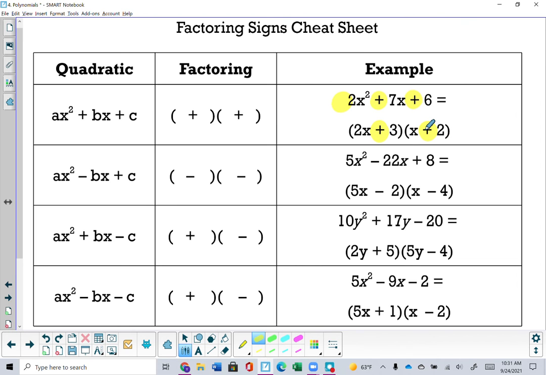Now if we have minus and plus, when we're factoring, we get minus minus. The reason is because when you do the -2 times the -4, that gives you that positive 8. We need the two negatives to get a positive 8, but a negative middle term. Now when you have plus and minus or minus and minus, so essentially your C term is negative, you're going to get one of each when you factor, a plus and a minus. So this might be helpful as you get more comfortable with factoring.